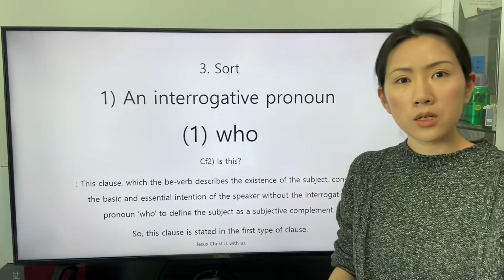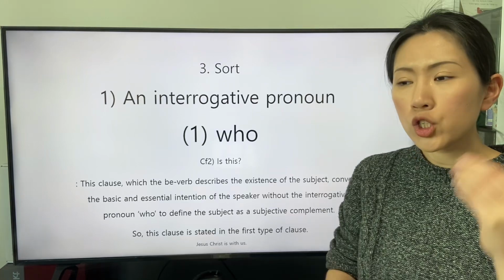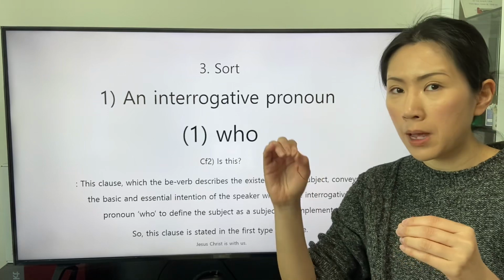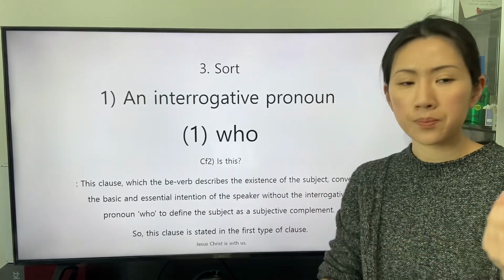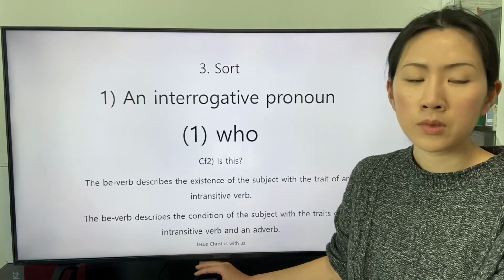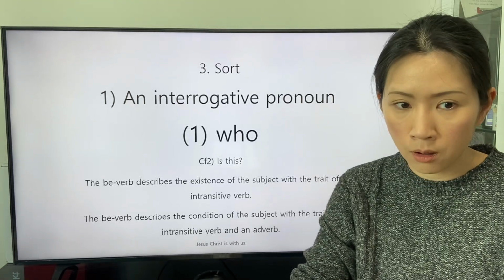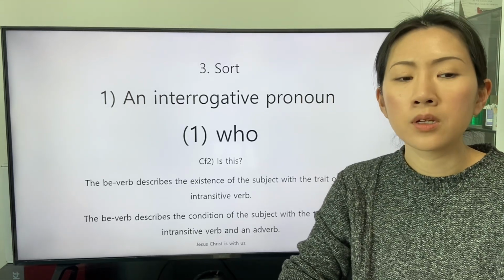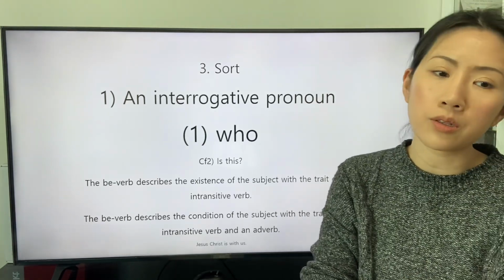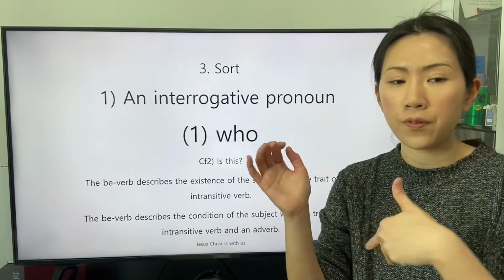This clause, stated with the be verb to convey the primary definition about the existence of the subject, is stated in the first type of clause. The be verb describes the existence of the subject with the trait of an intransitive verb. The be verb describes the condition of the subject with the traits of an intransitive verb and an adverb.